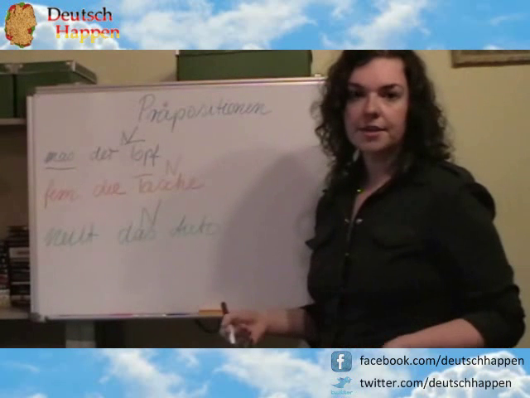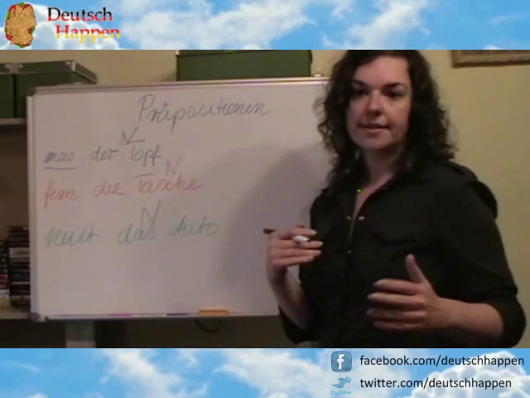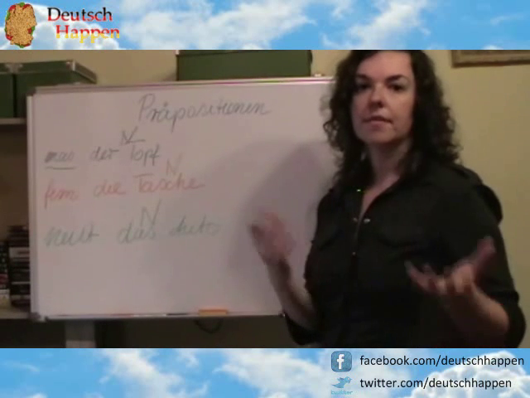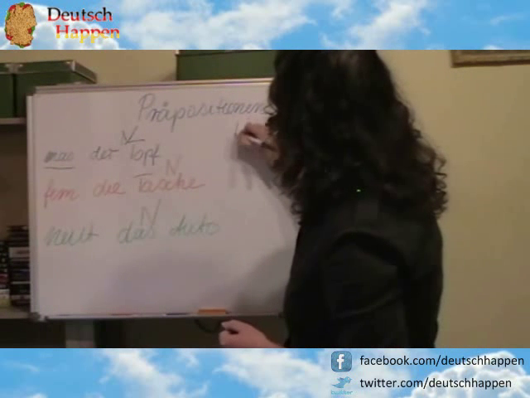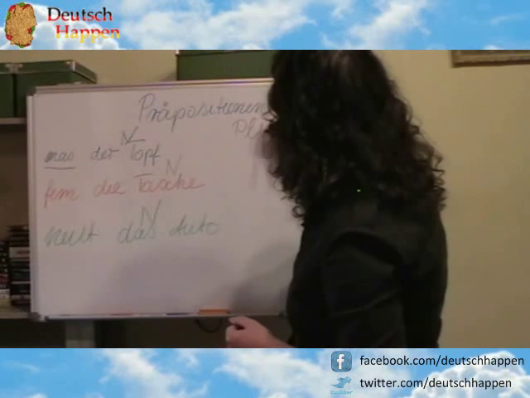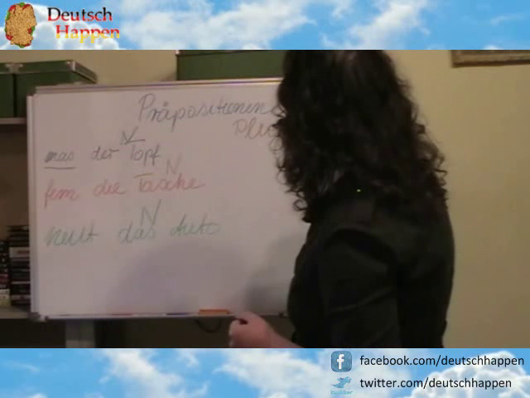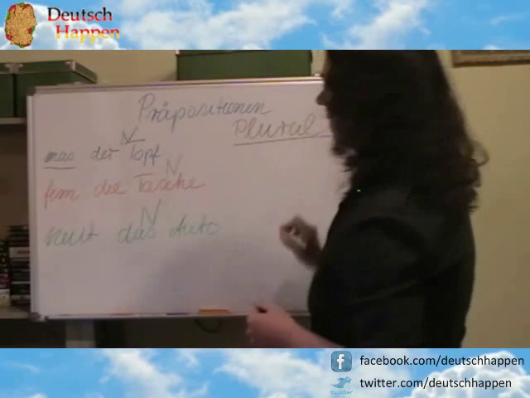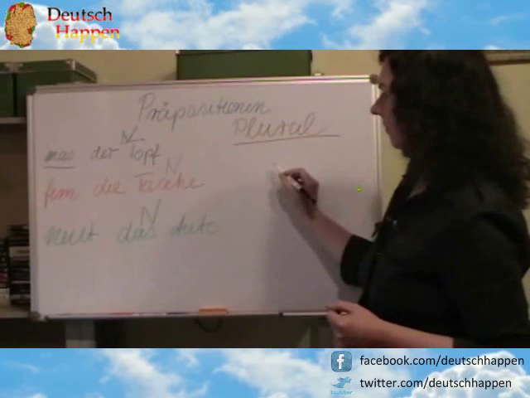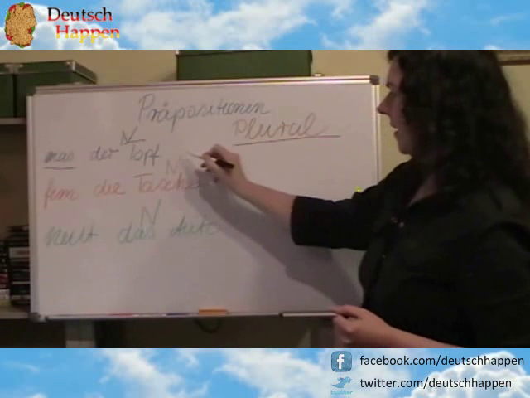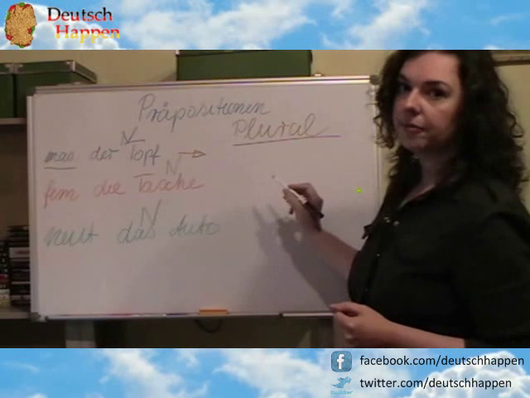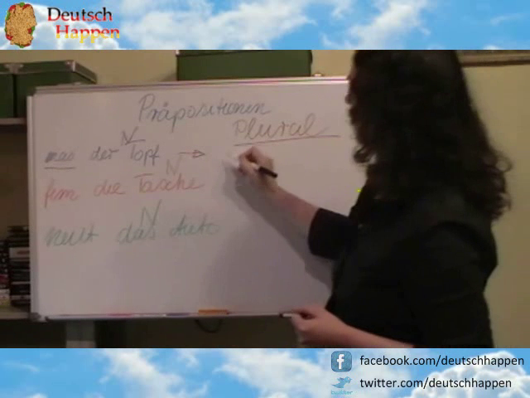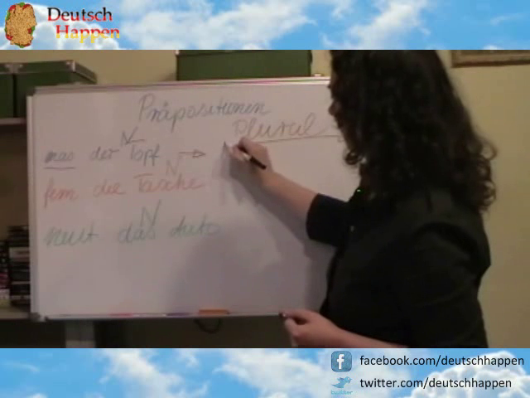Maybe the noun changes slightly, but not the combination with the in. So let's say plural. I want to generate the plural of der Topf, which is nominative first.